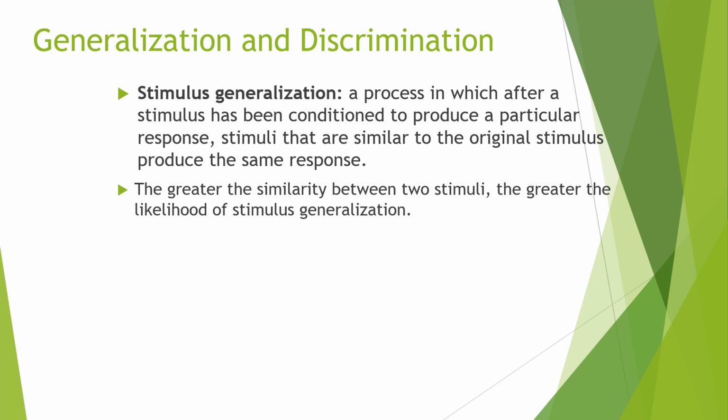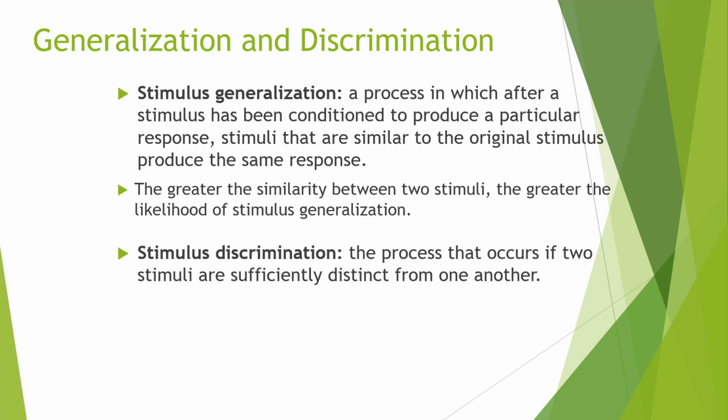However, if they are completely different, let's say a bell and a light, the dog can probably discriminate between those two and will only salivate to the bell. This is called stimulus discrimination. It's the process that occurs if two stimuli are sufficiently distinct from one another.